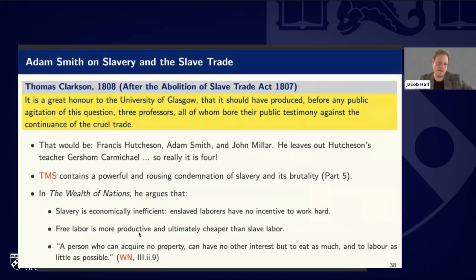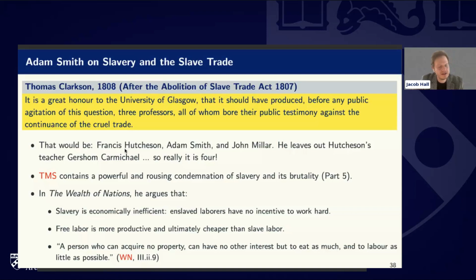Coming near the end, whenever we think about an 18th century thinker, I think today we naturally want to know, what did he think about slavery and the slave trade? And Smith is a great shining example. Here's Clarkson in 1808, after the abolition of the Slave Trade Act in 1807, saying, "It is a great honor to the University of Glasgow that it should have produced, before any public agitation of this question, 3 professors, all of whom bore their public testimony against the continuance of the cruel trade, being the slave trade.